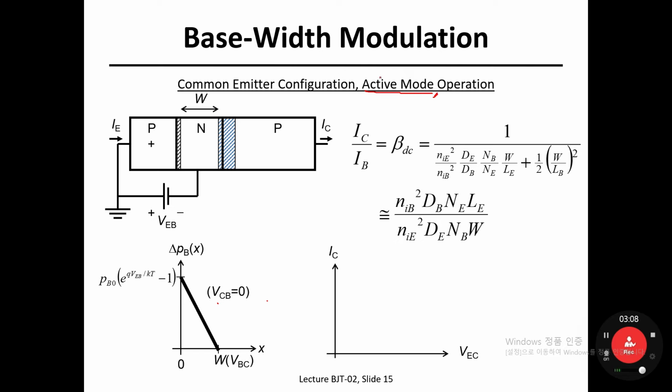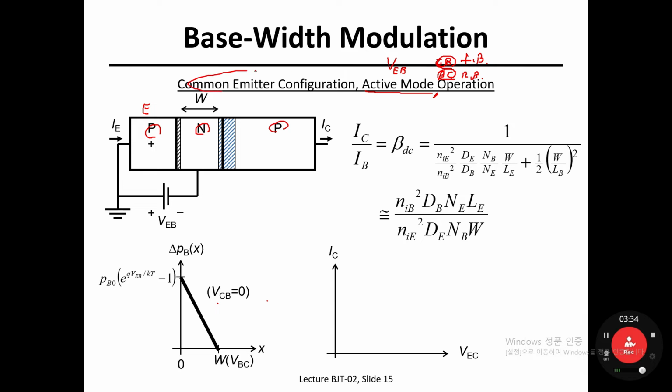Okay, so what was the active mode? Yeah, emitter base junction forward biased, right? What about the base collector junction? That is reverse biased, right? So going back to this cross-sectional view of this PNP BJT, the emitter side is now common.